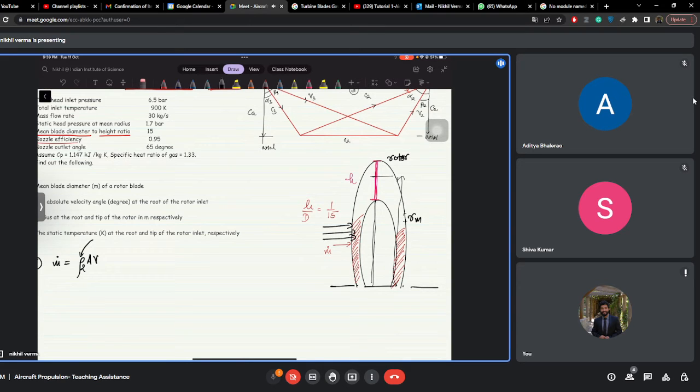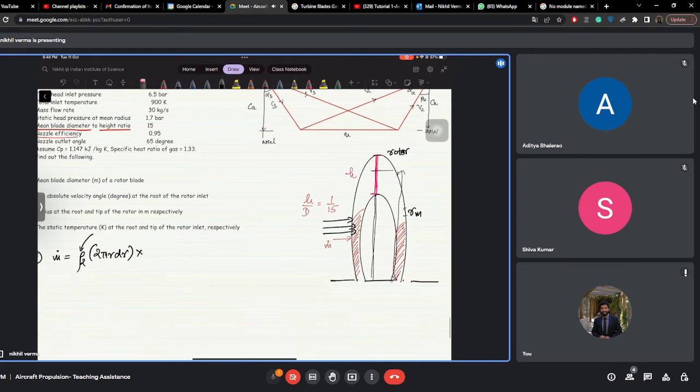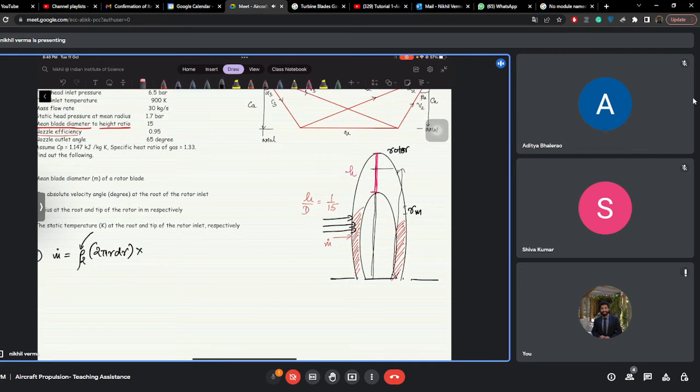What is the area of this cross section? How do you calculate the area? This is just 2 pi r dr, right? And what should be the velocity for this? Which velocity will you take?